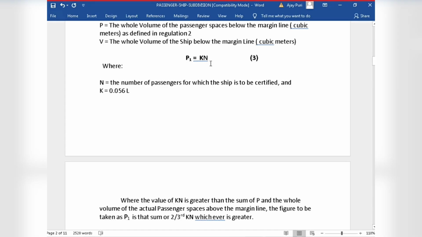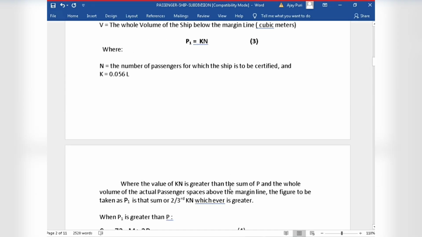So P1 is basically, when the value of KN is greater than the sum of P and the whole volume of actual passenger spaces above the margin line, then P1 is taken as the sum or 2/3 of KN. Otherwise, P1 is equal to KN. So the second criterion of P1 is when the value of KN is greater than the sum of P and the whole volume of actual passenger spaces above the margin line, then P1 is equal to the sum or 2/3 of KN, whichever is greater.